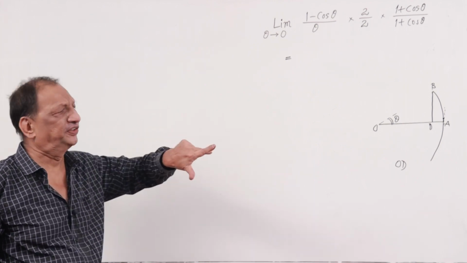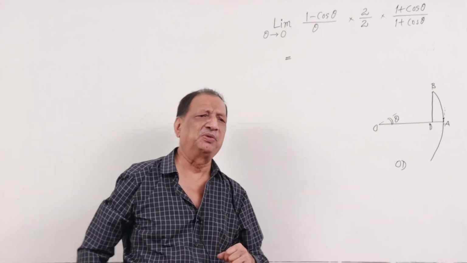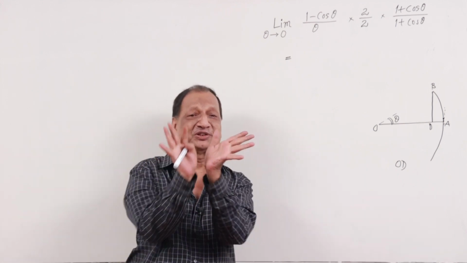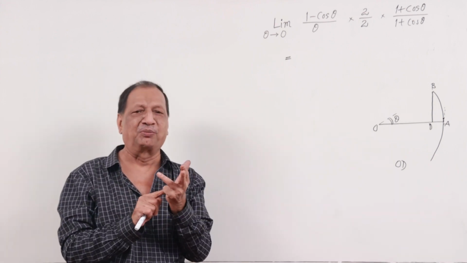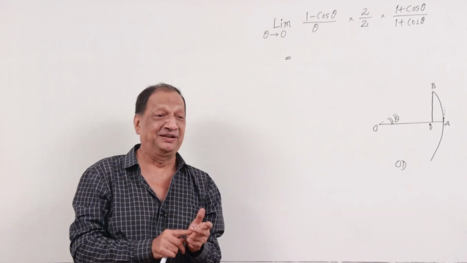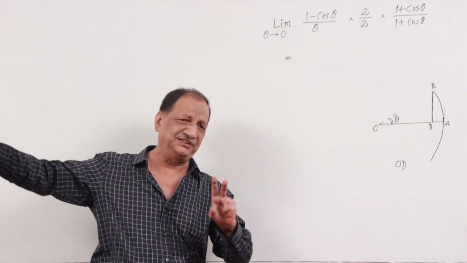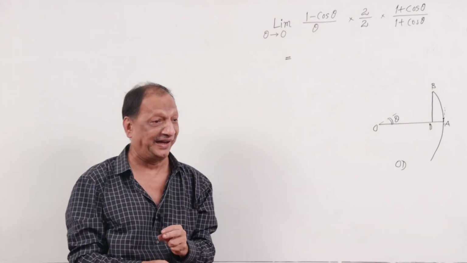Now the reason we are doing this is very simple. We have the age-old a plus b multiplied by a minus b is equal to a squared minus b squared. That formula we will never forget in our life. Formula number 1. Formula number 2 we will never forget is Pythagoras theorem.